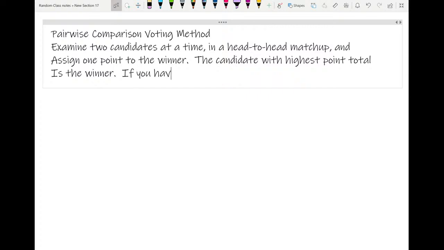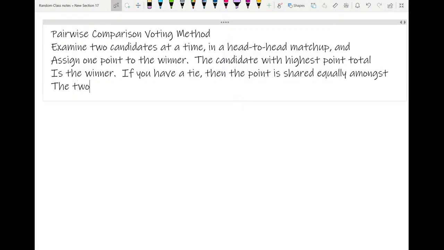If you have a tie, then the point is shared equally amongst the 2 candidates, which is like half points, okay?